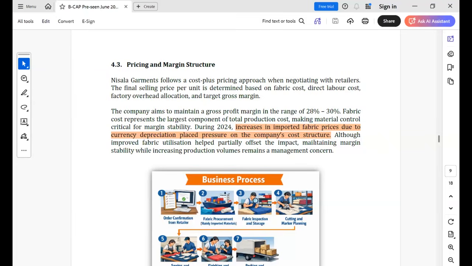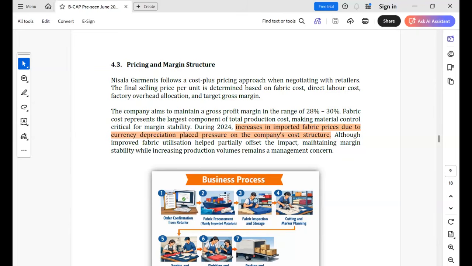So that gives the indication, because we should consider not only the fabric prices and the import exchange rate when you are importing. There are other cost elements also: shipping cost, freight cost, insurance cost are also part of the cost of the fabric, right?